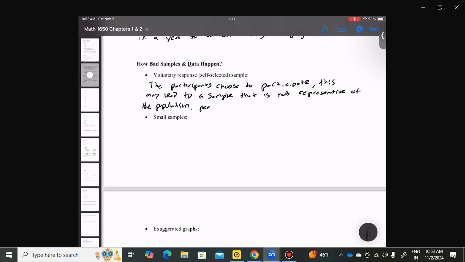People with strong opinions are more likely to participate.